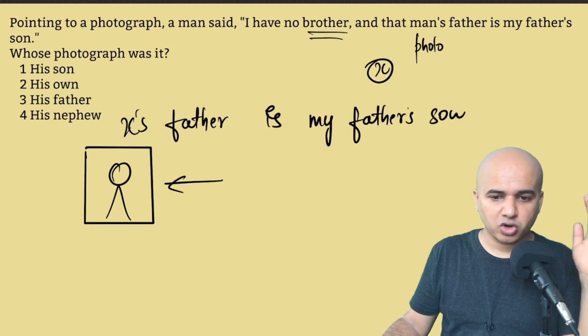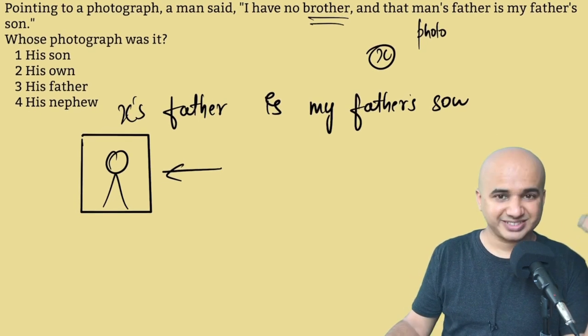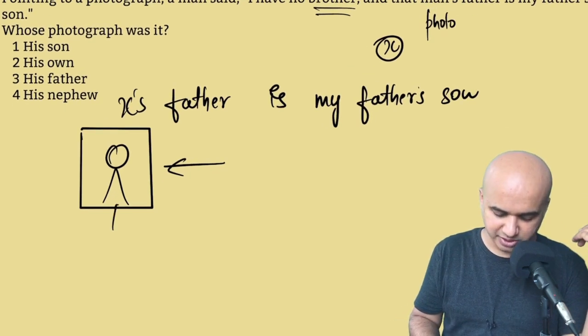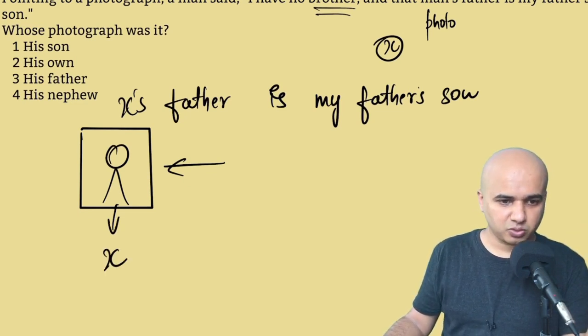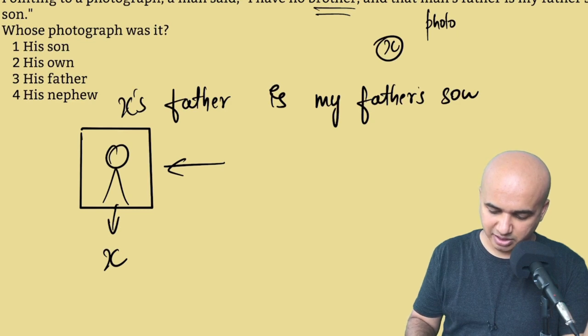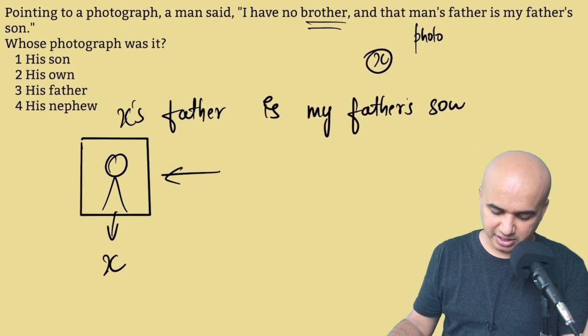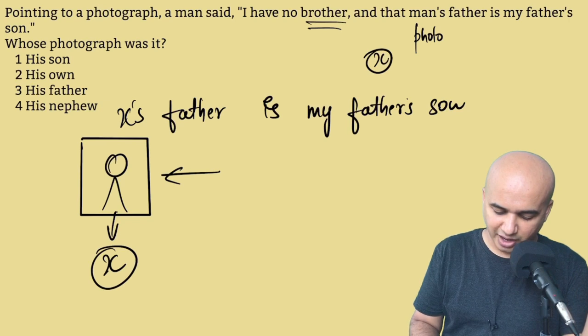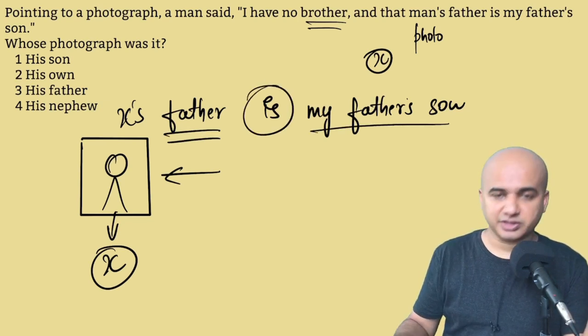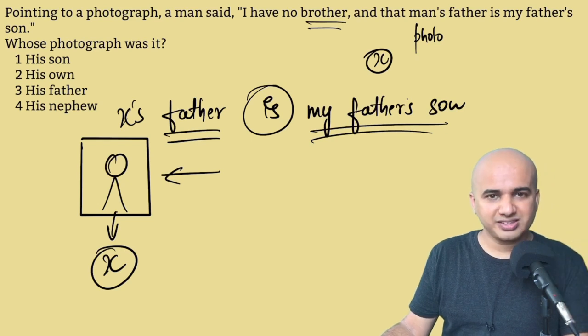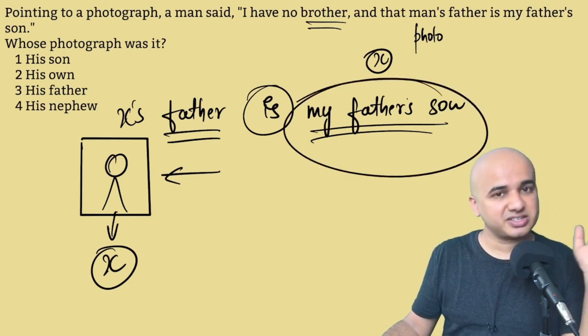So what we have done here is to make matters easy for us. We have named this person in the photograph as X. And this man who is making the statement, what is he saying? He is saying this fellow X's father, whoever it is, is my father's son. Who is this my father's son now?